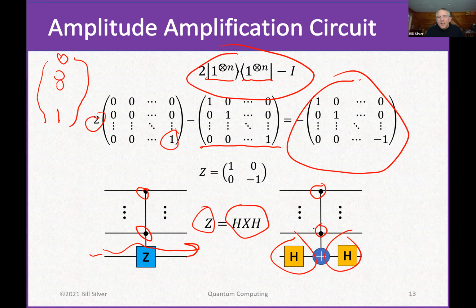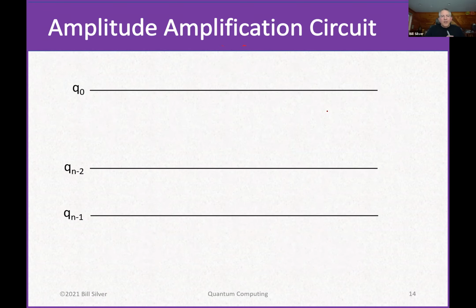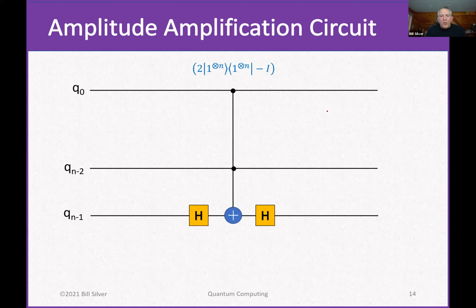And that implements this formula that we've been interested in, this funny matrix that looks like an identity matrix but has a -1 on the end. Therefore, if we want to build the complete circuit, we start with that, and that implements that thing in blue that we saw before.